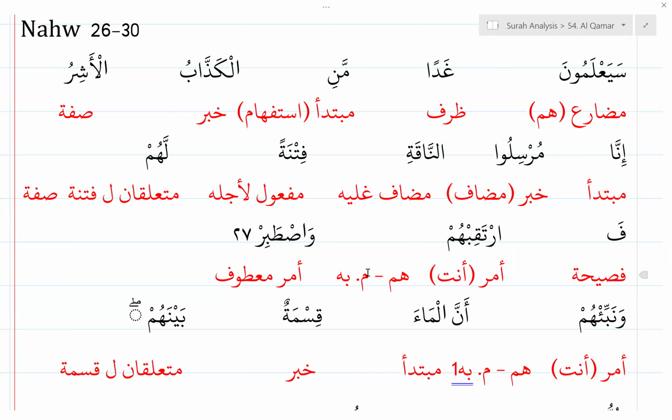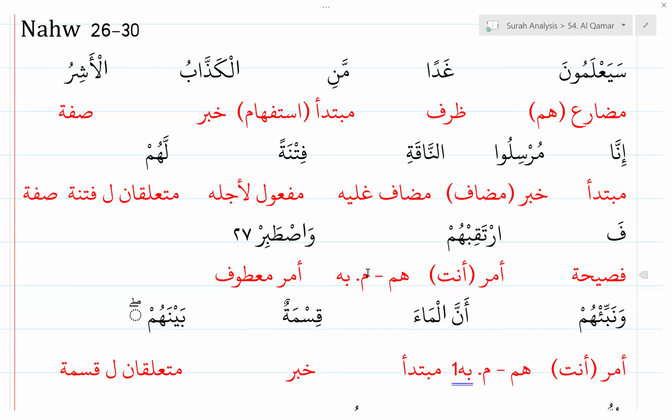Remember I gave you that analogy where the headmaster is telling the teacher to go and do an examination in a room. So the conversation is happening between the headmaster and the teacher. Of course we're not saying that Allah is the headmaster, ma'adallah, but I'm giving you an analogy. So this is the conversation that is happening between Allah and Saleh.